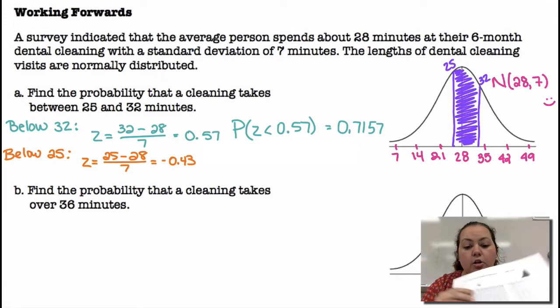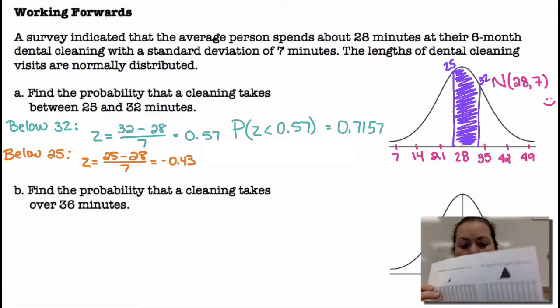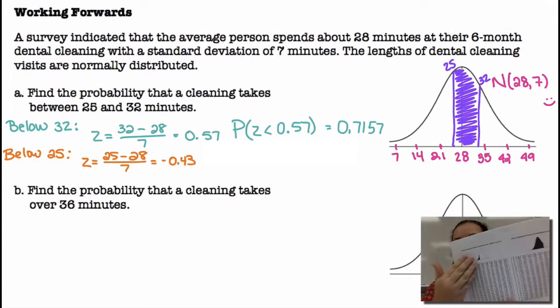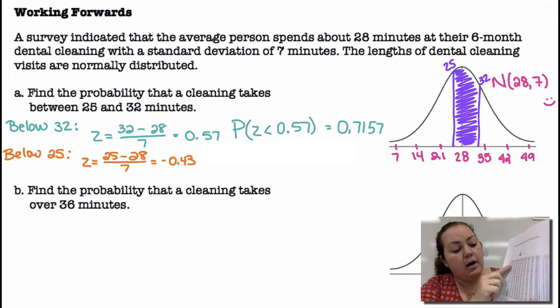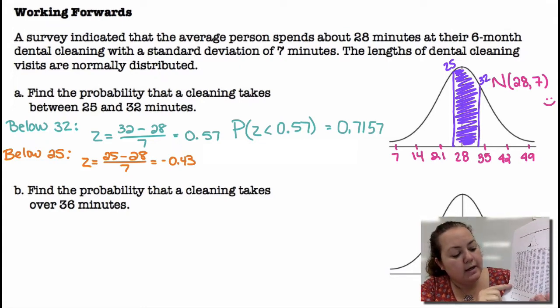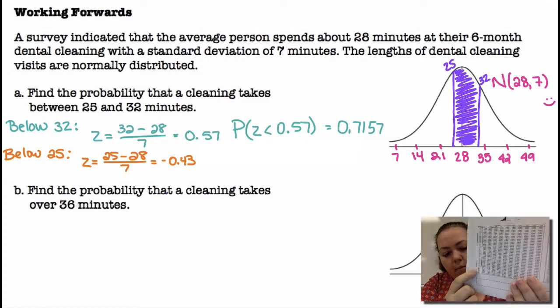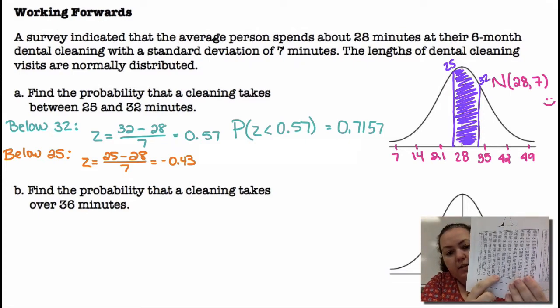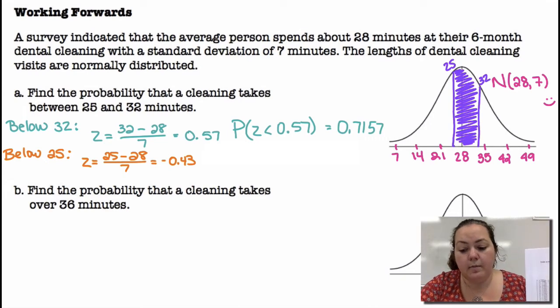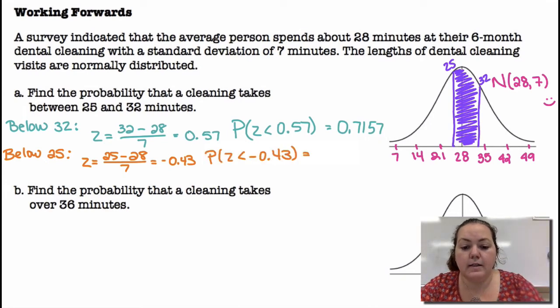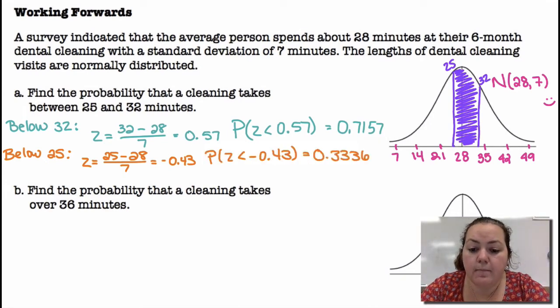So now I'm going to use my table, and I'm going to be looking at this one over here that has the negatives. I'm going to go down to negative 0.4, and I'm going to go over to 0.03 and find that probability. Okay, so the probability that z is less than negative 0.43 is 0.3336, or 33.6%.